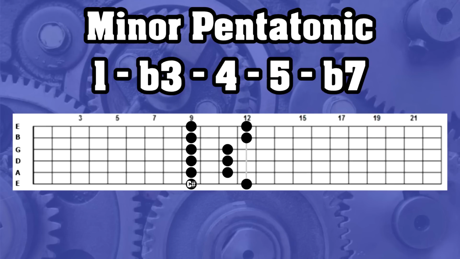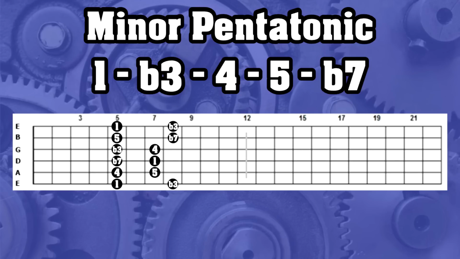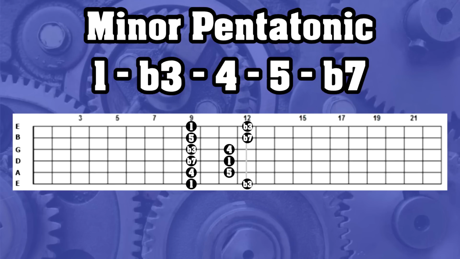Play the shape here starting on the 9th fret and it becomes the C sharp minor pentatonic scale. The reason that the shape is movable from key to key to key is because of the intervals. The actual notes change between the A minor pentatonic versus the B minor pentatonic versus the C sharp minor pentatonic. However, the intervals always remain the same.